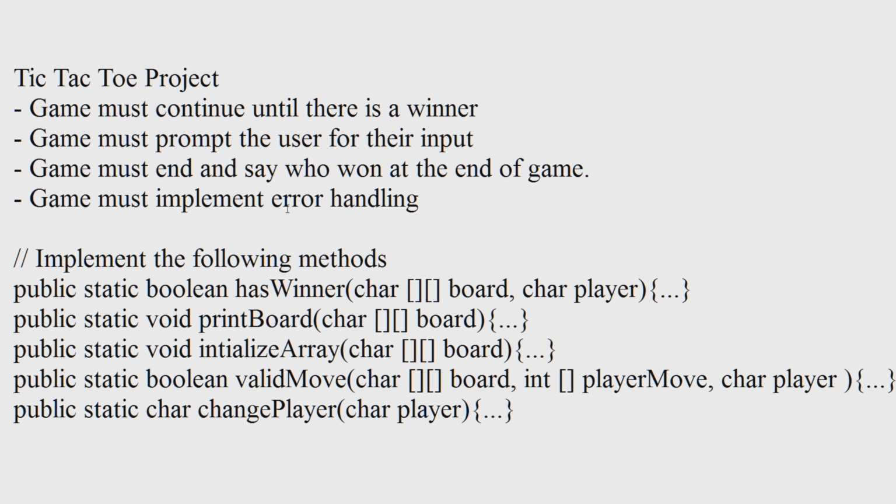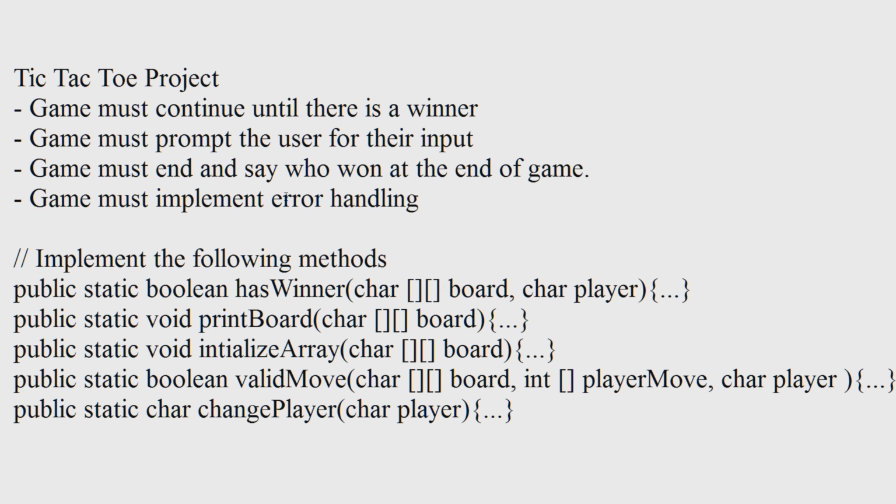The game must implement error handling. That just means check the user input. If the user gives you out of bounds coordinates, because let's say the board is a 3x3 square, and the user says, hey, I want you to insert X at position 40, 40, that doesn't make any sense, so don't let them do that.